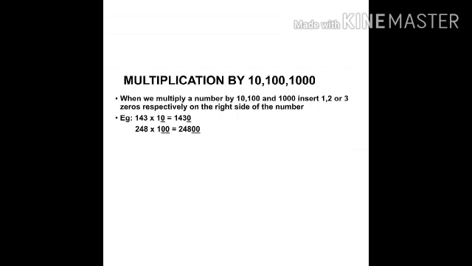It is the multiplication by 10, 100 and 1000. When we multiply a number by 10, 100 and 1000, we have to insert 1, 2 or 3 zeros respectively on the right side of the number.